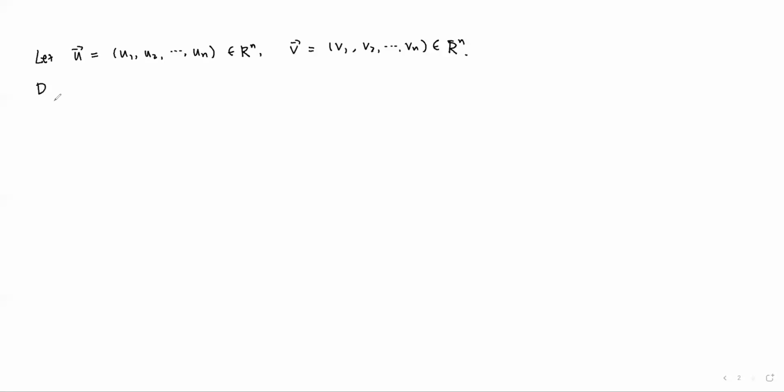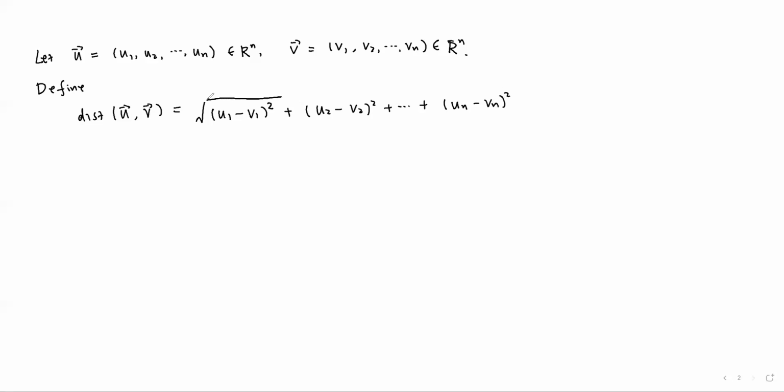Now, because we cannot see the points, we have to specify the following number as the distance between these 2 points. We define the distance between point U and point V by this formula. First entries: U1 minus V1, the difference squared, plus second entry U2 minus V2 squared, and so on, up to Un minus Vn squared, then take the square root.